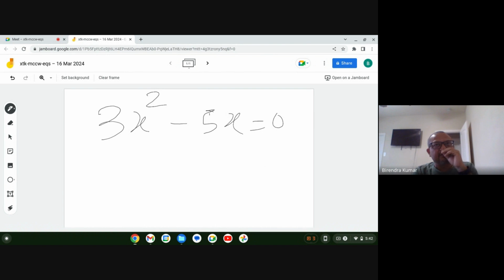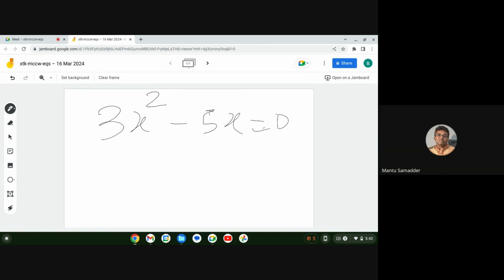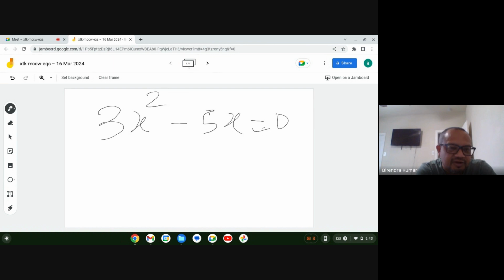If you make the value of an expression zero, let's say there was no zero here and this was an expression, I can put a zero to make this an equation, and this gives me the value of x for which this expression will be zero. That is why it is called a zero polynomial also.